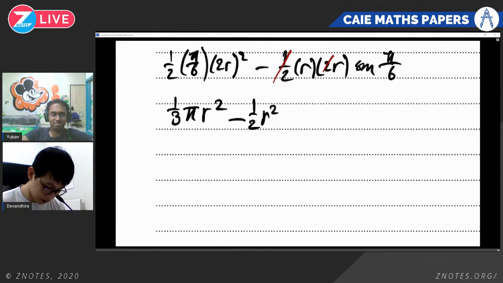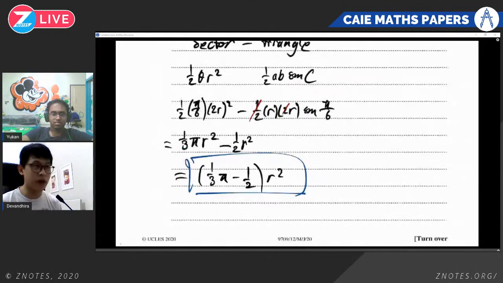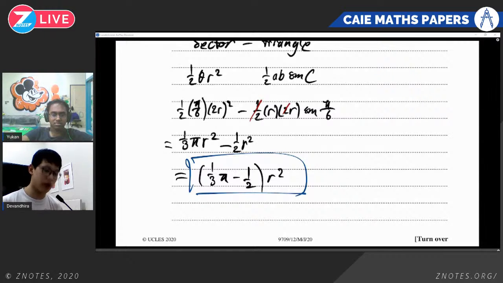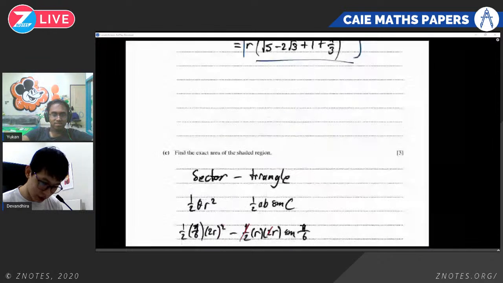Then we can factor out the r squared. So (1/3 pi minus half) r squared. Okay, done. Because we're looking for the exact area, you don't have to put it in your calculator. Yep. Okay, box your answer and run away.